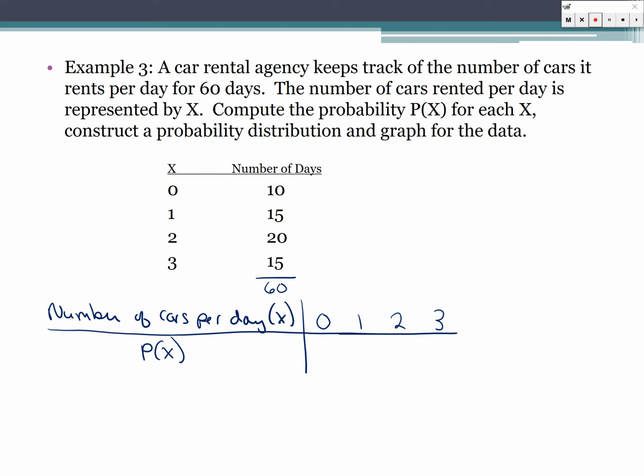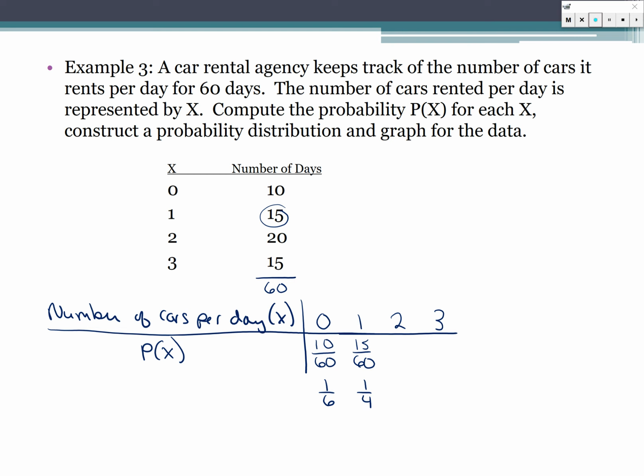So the probability of renting 0 cars, that's 10 different days out of the 60 possible. Should we simplify that to 1/6? Yes, we should. Renting 1 car a day is 15 out of the 60 possible days, which simplifies to 1/4.